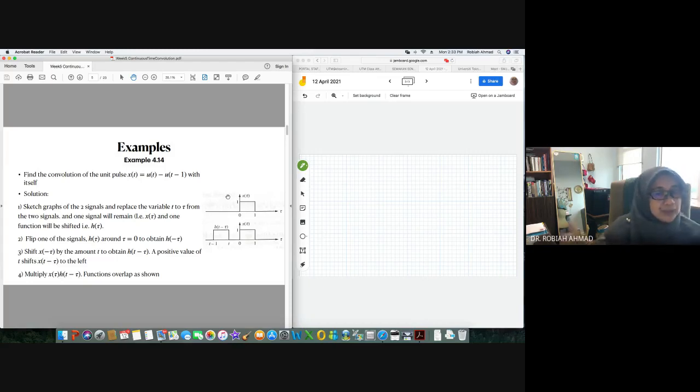So first step apa dia kata? Sketch the signals and then replace t with tau, and then satu tu mestilah gone through the shifting and the flipping. So this is what we get lah.